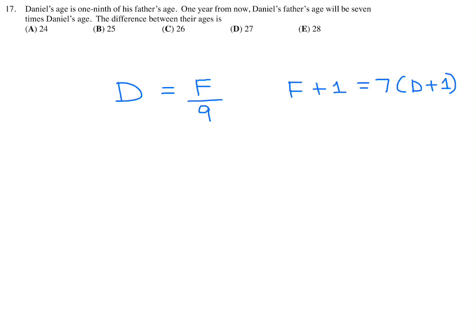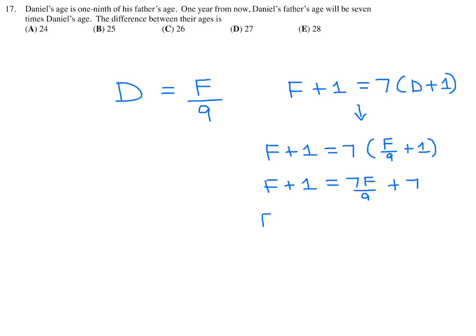So we've got two formulas and two variables. We can now solve this. F plus 1 is equal to 7 times d, and I can substitute d as f over 9 plus 1. So this becomes f plus 1 is equal to 7f over 9 plus 7.